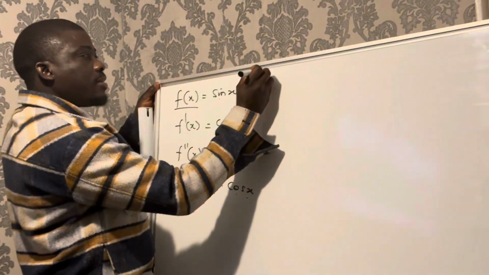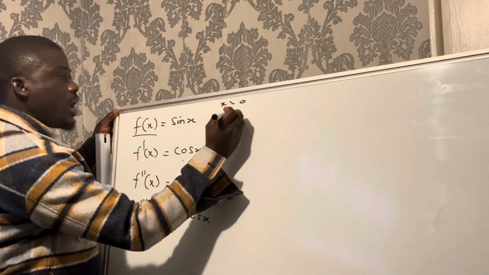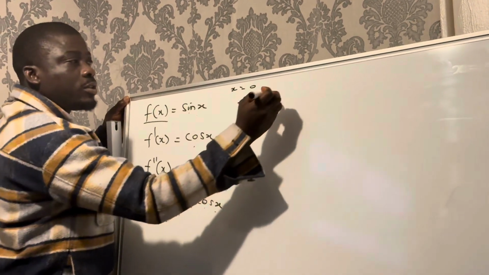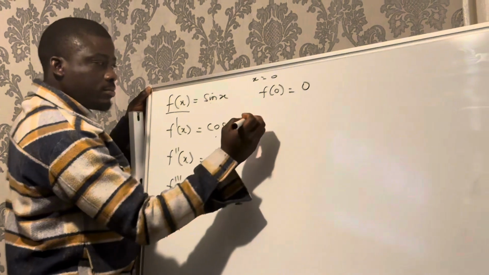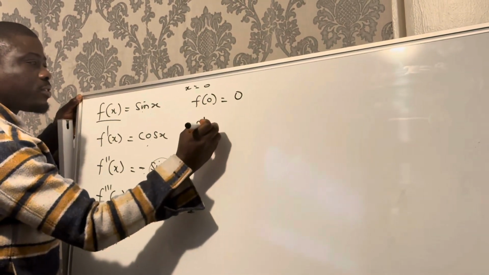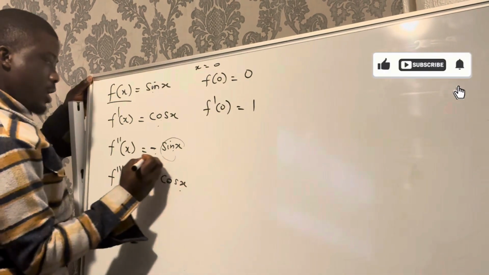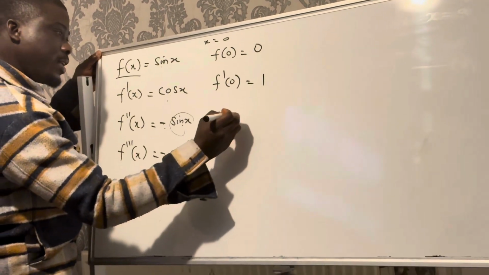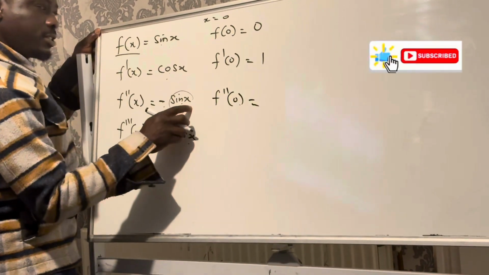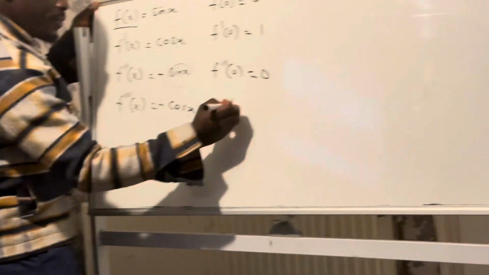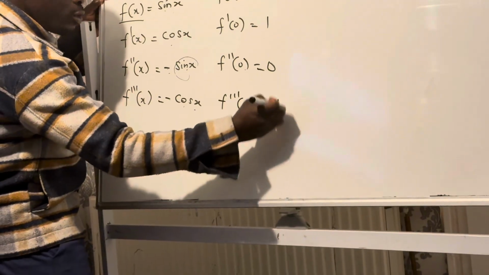So when x equals 0, f of 0 will be sine 0, which is 0. For the first derivative, cos 0 will be 1. For the second derivative, sine 0 is 0, so this will be 0. For the third derivative, that will be minus 1.